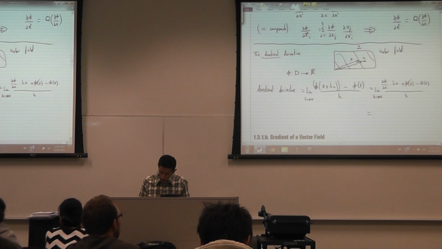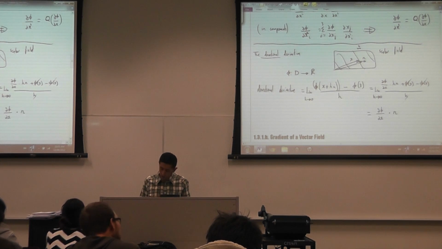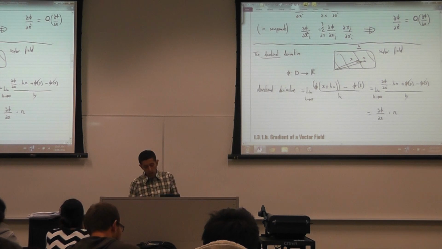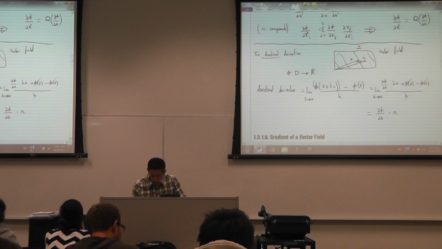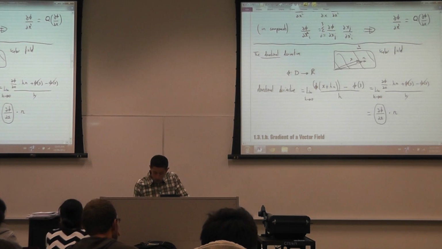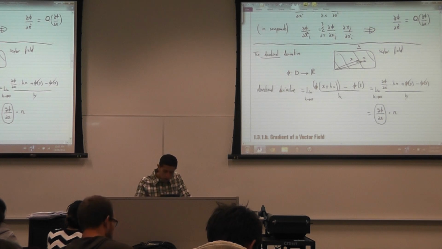Phi of x will cancel phi of x, h will cancel h, and you'll get the dot product between partial phi by partial x and n. So if I have the gradient of phi, which is a vector, if I want the directional derivative of phi in any direction n, all I have to do is take the dot product of the gradient of phi with n.